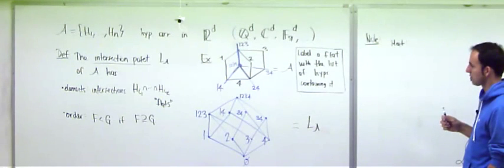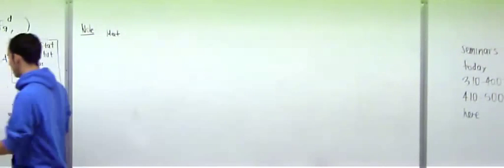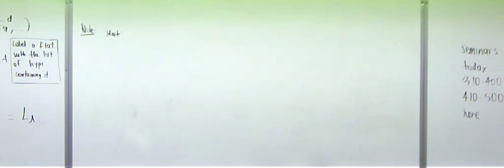Let me ask you in a different way. The meet of 1, 2, 3, and 2, 4 is 2, and this is the list of hyperplanes contained in here and here.